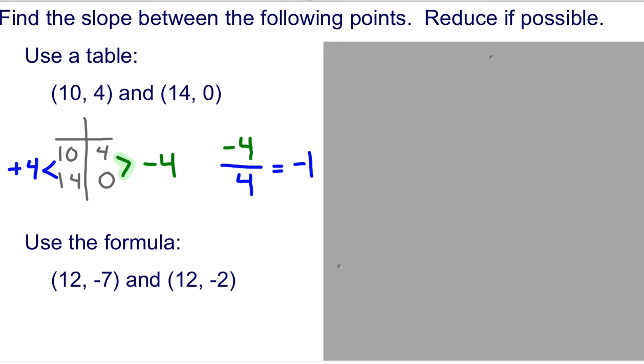Formula, remember, is y2 minus y1. Don't worry so much about which one's your y2, which one's your y1. Instead, just think of it as we take a y minus a y.